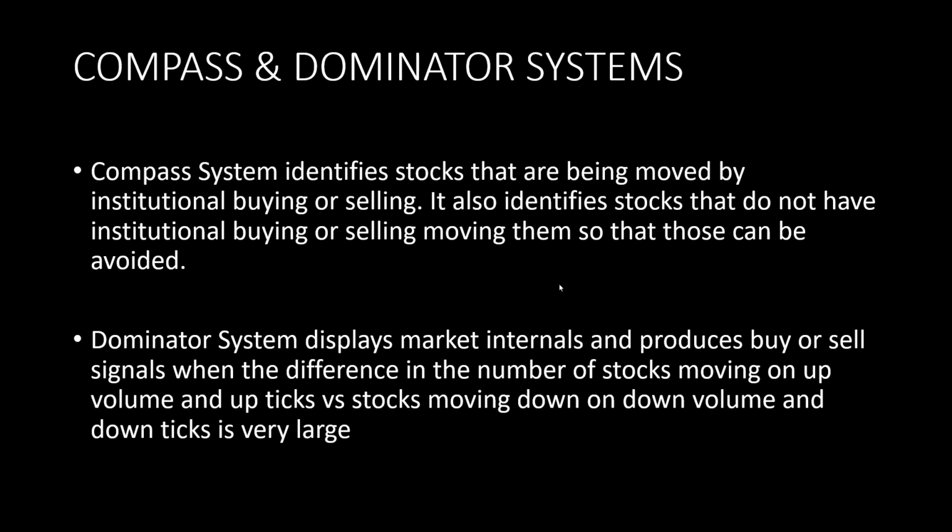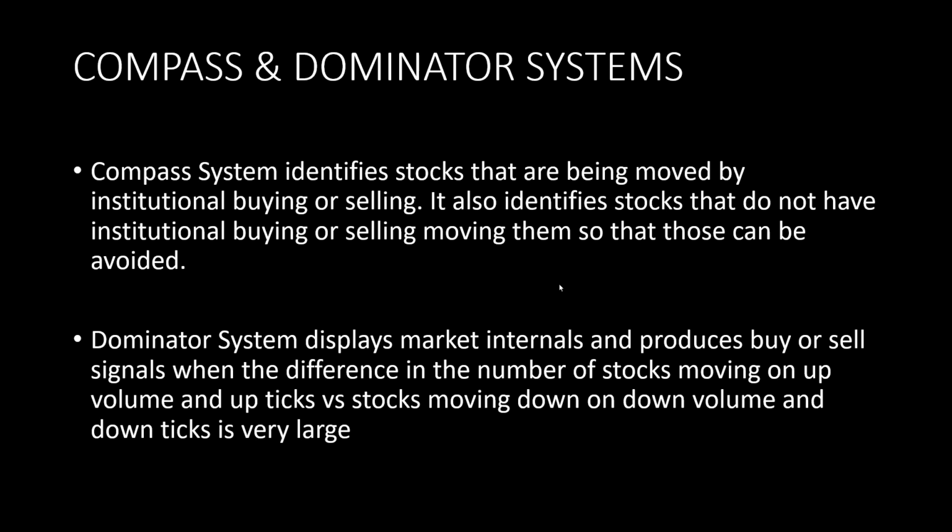So the Compass system displays when institutions are buying or selling a stock or any kind of instrument, and when they're not, so that we only trade stocks moving with the institutions and skip the ones that are not. In other words, we're staying out of trades where retail traders are doing most of the trading.